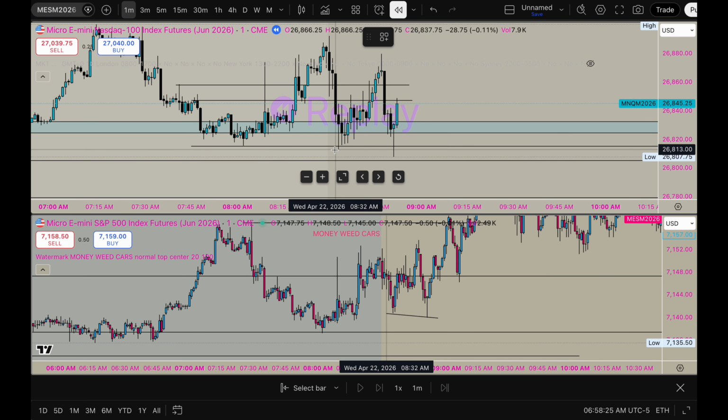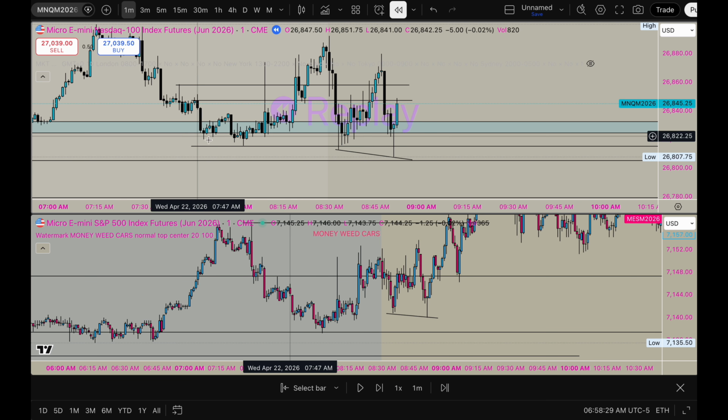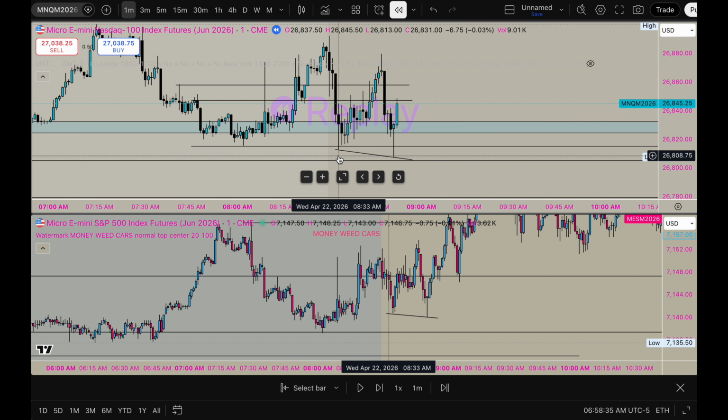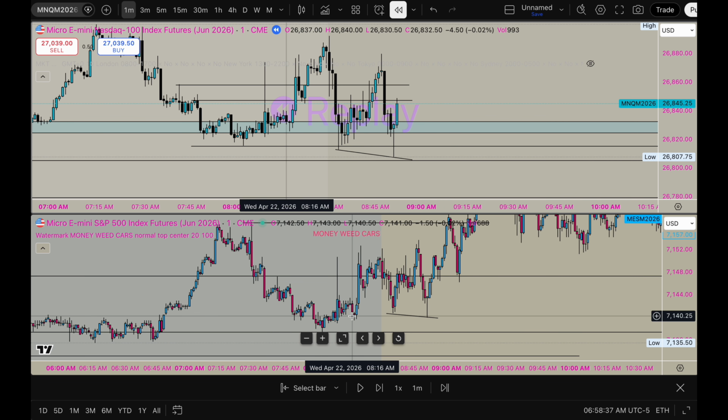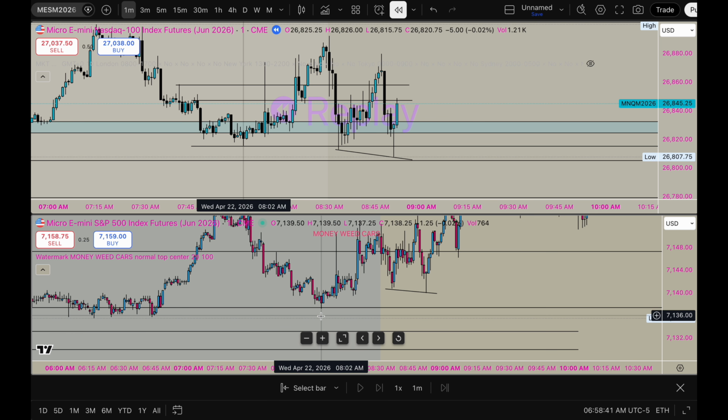Okay, price went ahead and took the 832 low. It also took the previous low right here, where it created multiple equal lows. And on MES, it did not do that. It did not take the 802 low as it did on MNQ.